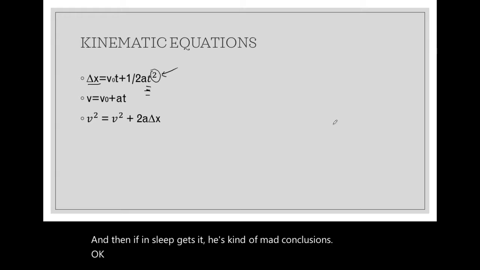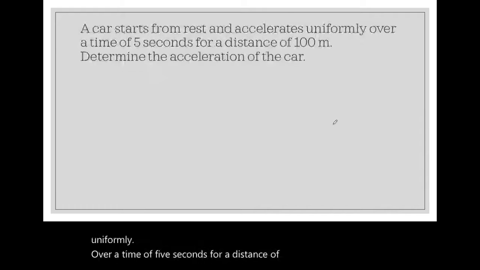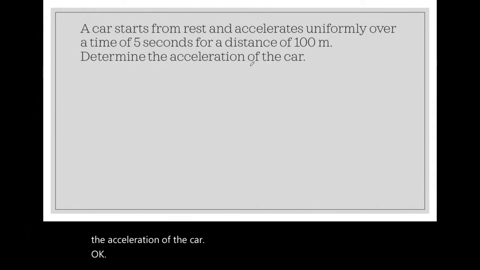So here this problem says a car starts from rest and accelerates uniformly over a time of 5 seconds for a distance of 100 meters. Determine the acceleration of the car. Okay. So upon reading this problem, there's a few things we could take note of as far as the words, right?